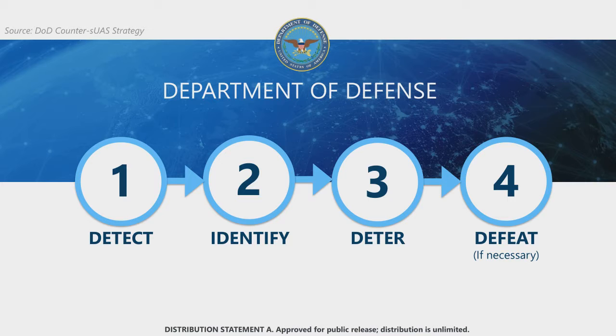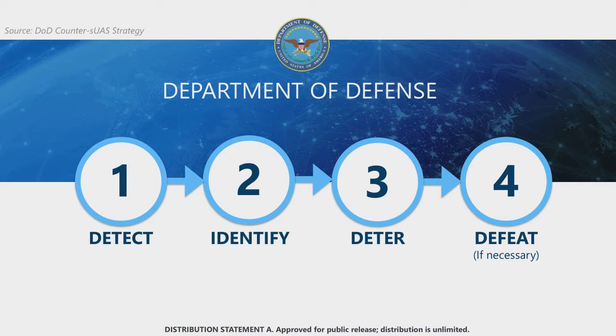But there are some similarities between this and the Department of Homeland Security methodology. When we say detect here, that is just merely detecting that there is a drone in the vicinity, somewhere in the area, and it's going to give you a general idea of where that drone is. The identification is the process of determining the friendly or hostile character of an unknown detected contact.